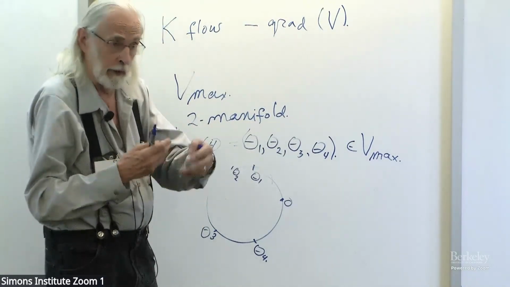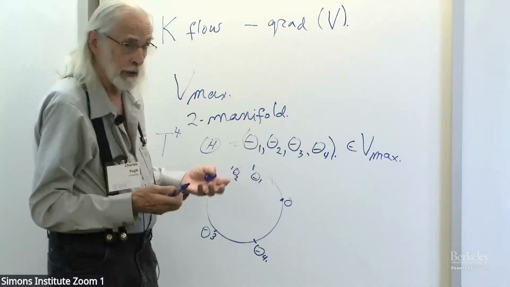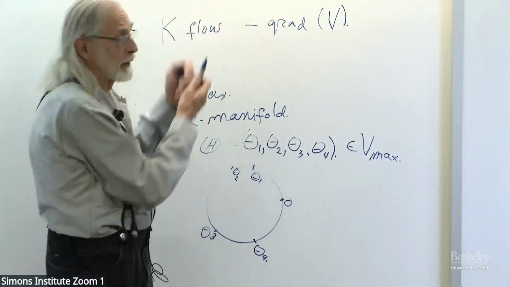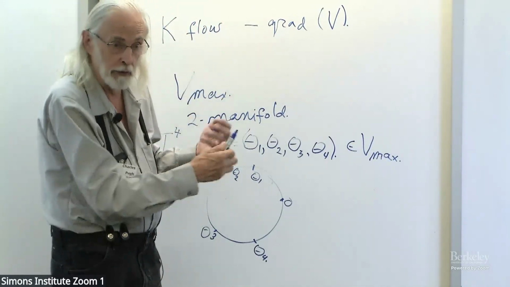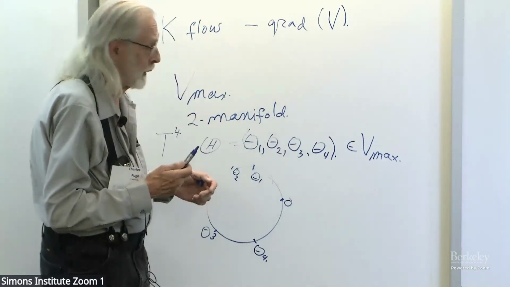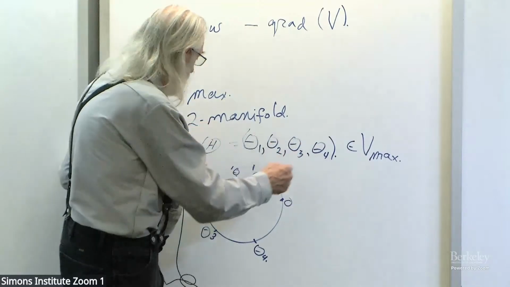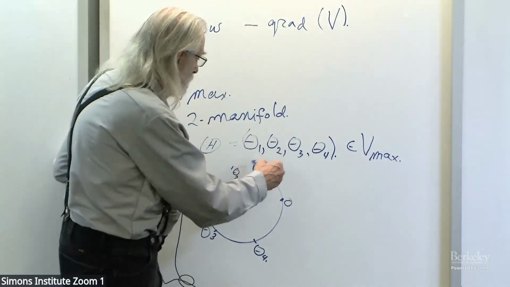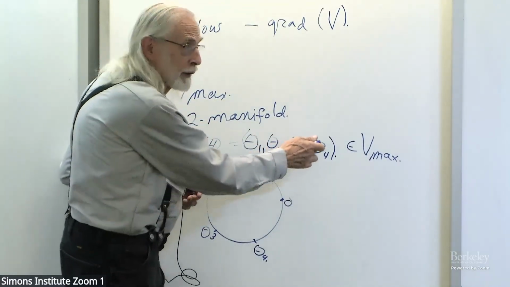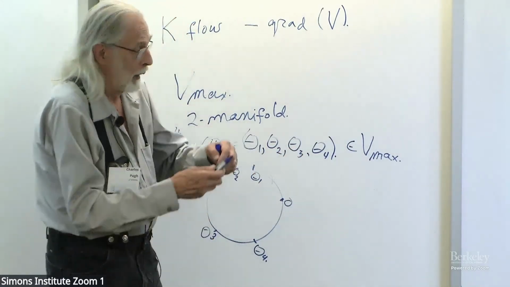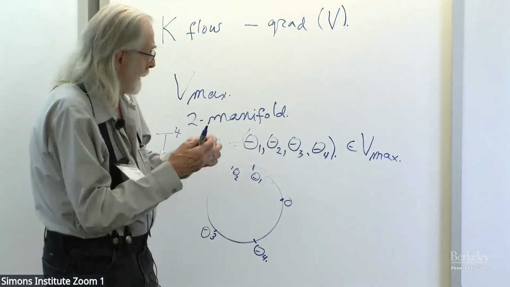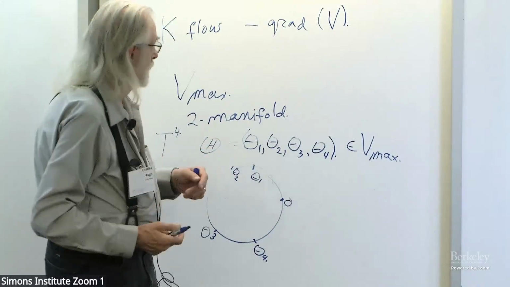But any permutation of them also satisfies the equation. The equation is symmetric under permutation. And so each set of thetas with this property, 1 less than 2 less than 3 less than 4, is a sort of region in Vmax.